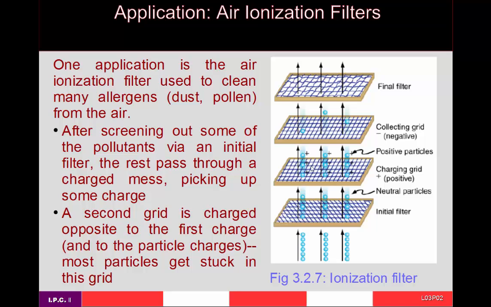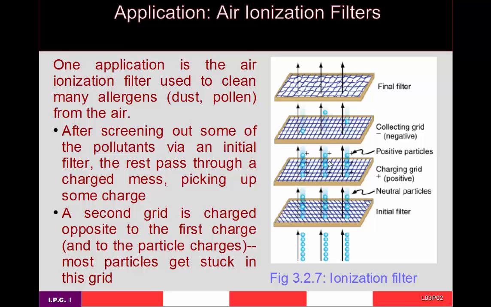Basically, one way of going about doing that is you have a second grid that the air passes through that is positively charged. As these dust particles pass through the grid, they pick up the positive charge that the grid is holding. They basically lose a few electrons to some of the existing holes in the atoms on this grid.